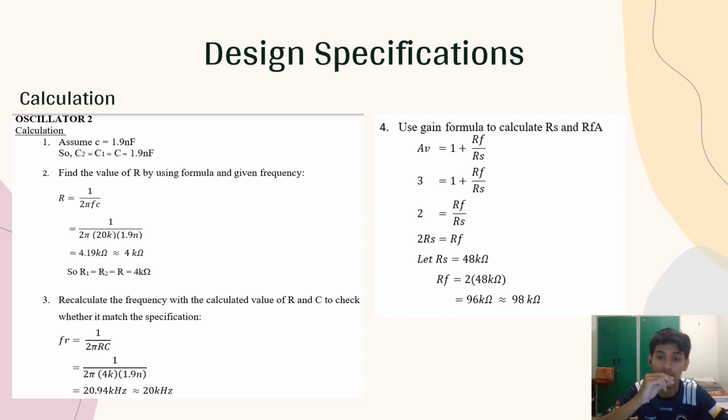So 2 Rs equals Rf. So we let Rs equal 48 kilo ohm. So Rf equals 2 times 48 kilo ohm. So we will get the answer 96 kilo ohm, which is approximately 98 kilo ohm.